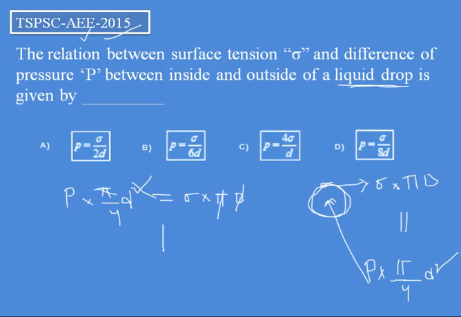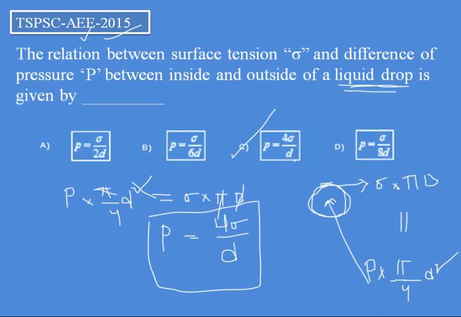Finally what you're going to get is P equals 4 sigma divided by d. Okay, so now your option is C. So the relation between surface tension and the difference of pressure between inside and outside of your liquid drop is 4 sigma by d.